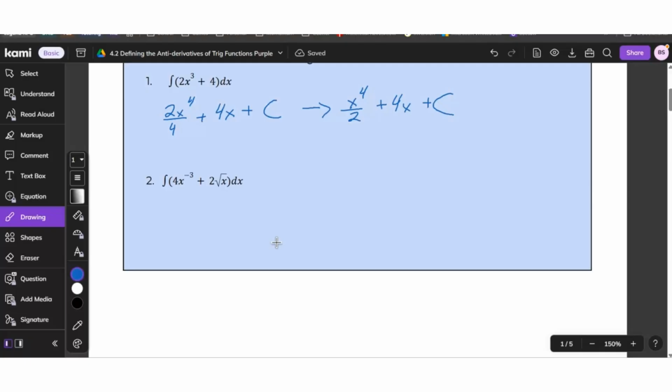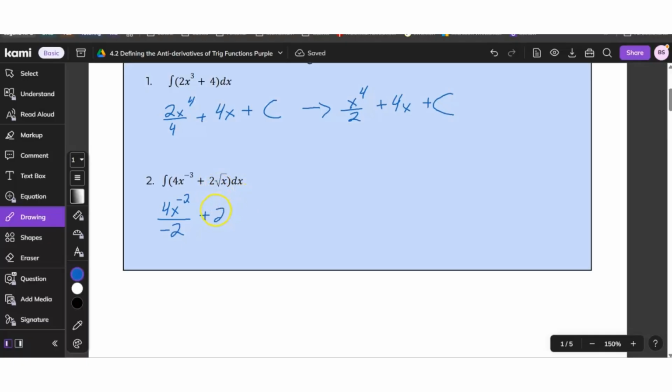Alrighty. The next one, we've got some weird looking exponents, but it doesn't change the way we do it, right? Martin, what happens if I've got 4x to the negative 3 and I add 1 to the exponent? What does it become? -2. Yeah. And then we divide by that new exponent. Now, this one, don't get alarmed. What is the square root of x? What's that as an exponent? 1/2.